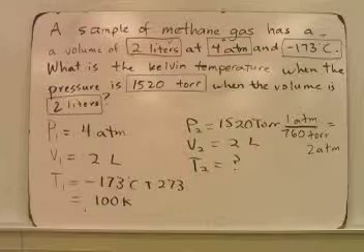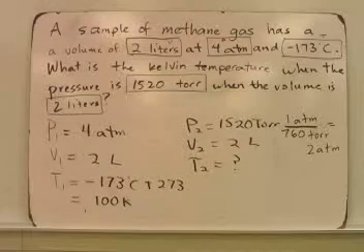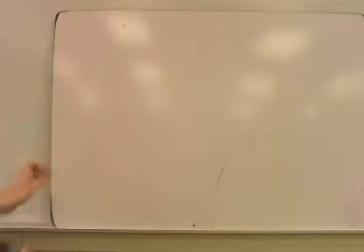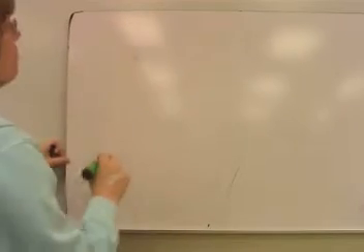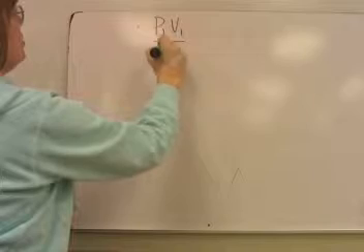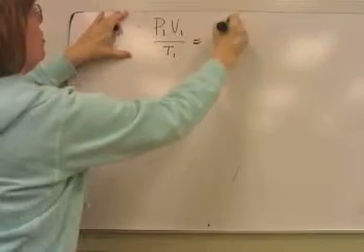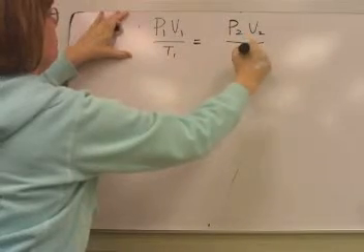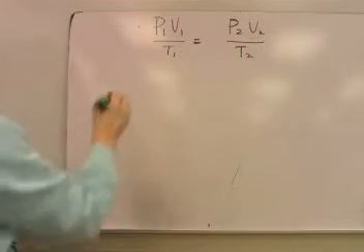All right, so now we are ready to plug it all in to our formula. So let's get a new board. Okay, so our formula is P1 V1 over T1 equals P2 V2 over T2. So we plug everybody in.